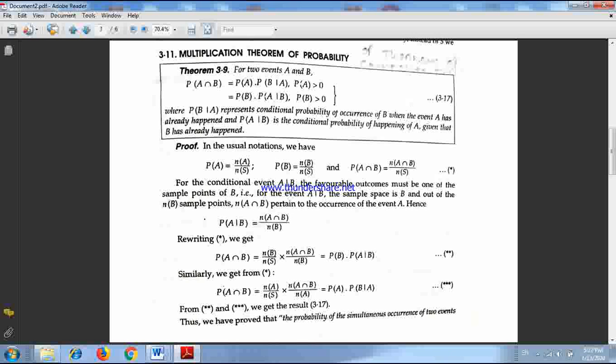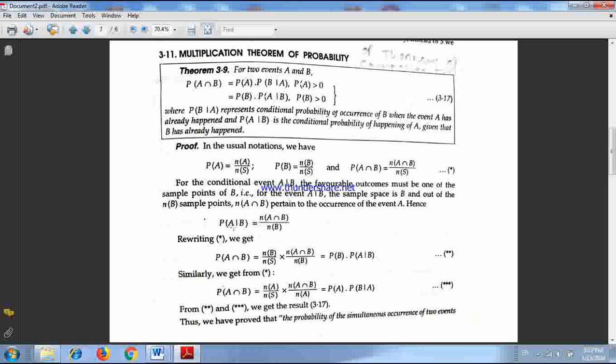Now for the conditional event A given B, as I have explained through one example, the sample space is B, and the number of favorable outcomes becomes the number of outcomes in A intersection B. I have explained this already through one example.